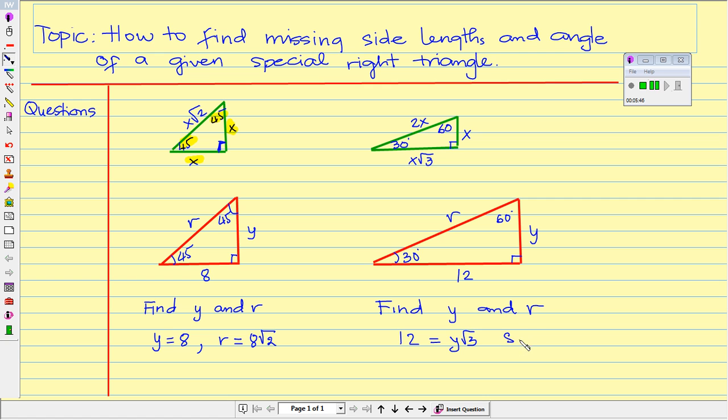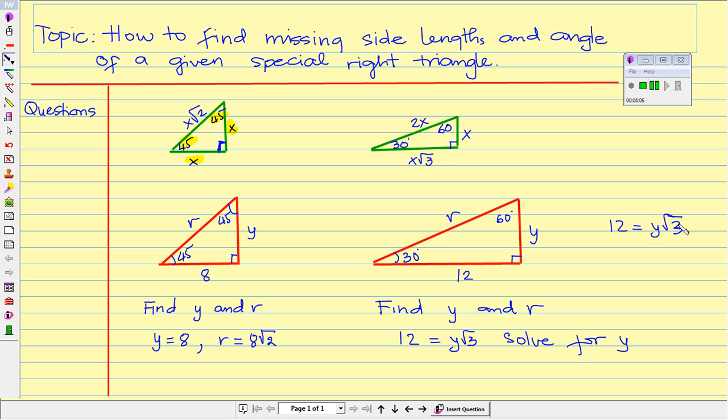Now I just have to solve for y. I can write the equation right here: 12 equals y times square root of 3, not 2. Square root of 3 is just a real number, about 1.7.